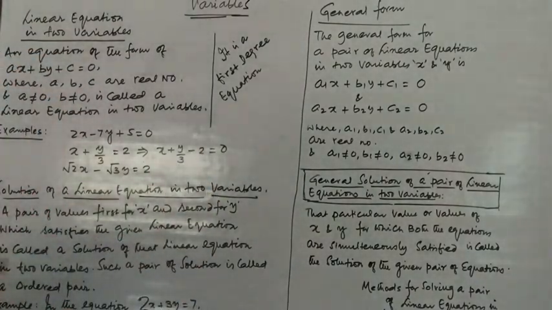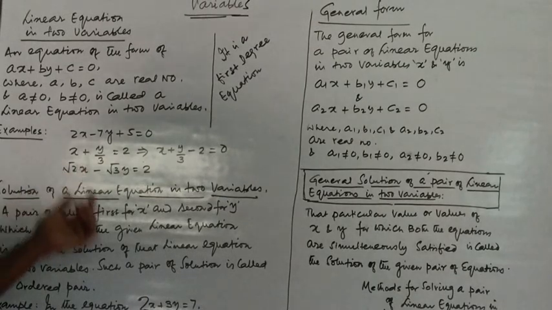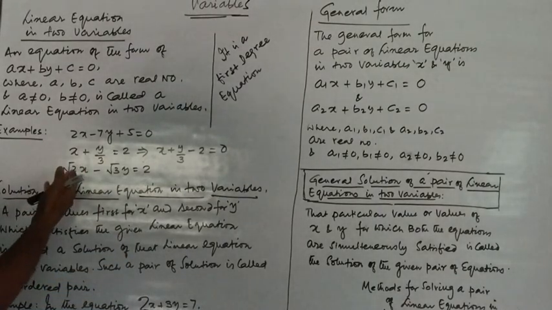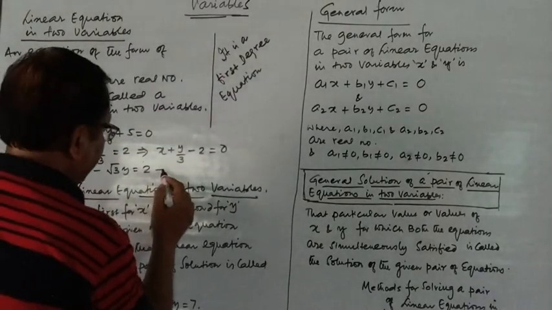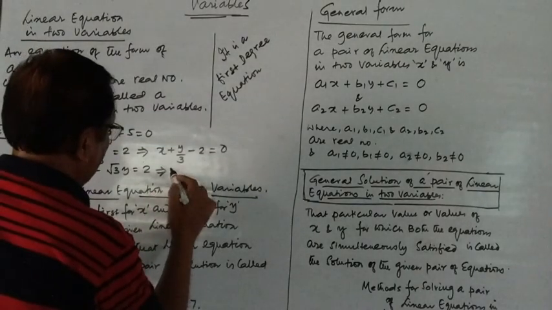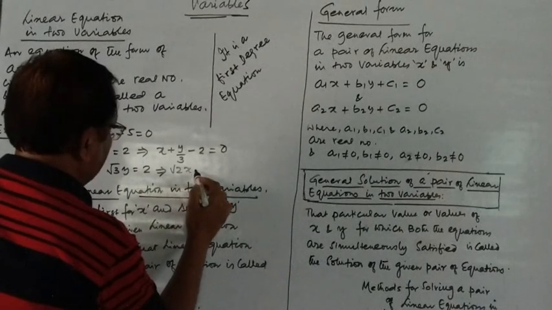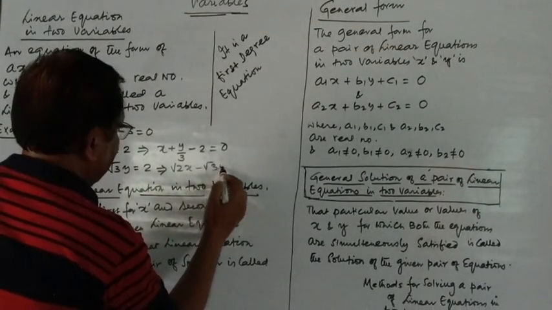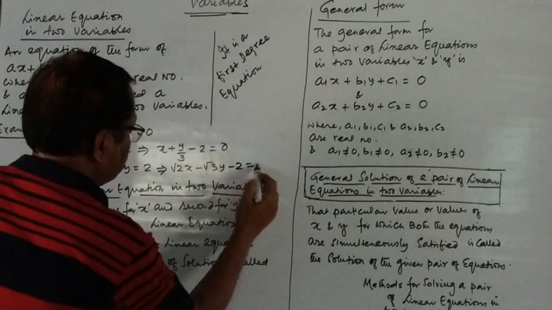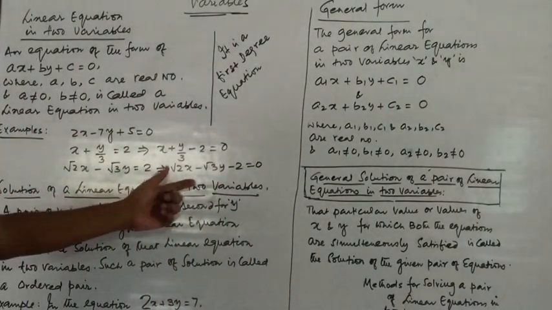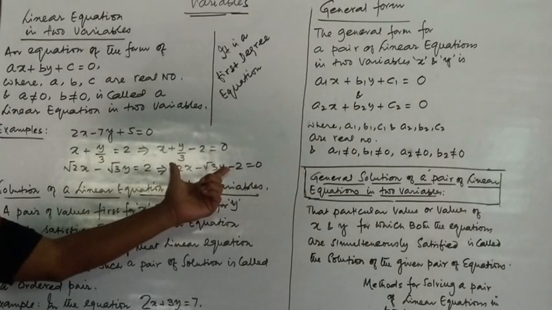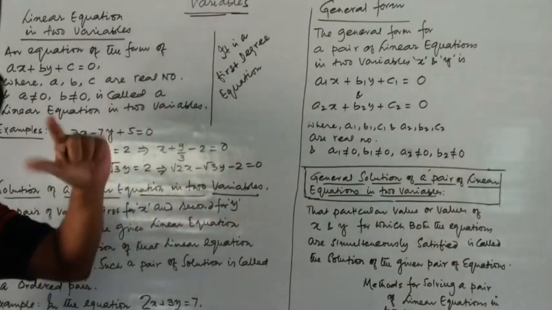So in the same way, we can write one more example I have given, root 2 x - root 3 y = 2, which can be written in the standard form, root 2 x - root 3 y - 2 = 0. Now see, if you are required to find out the value of a, b and c, what you will do?